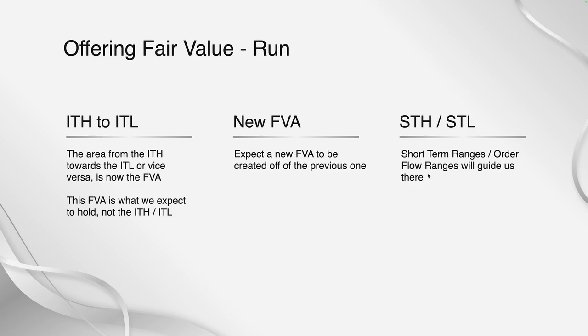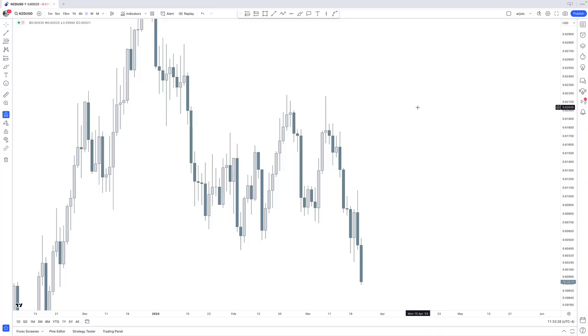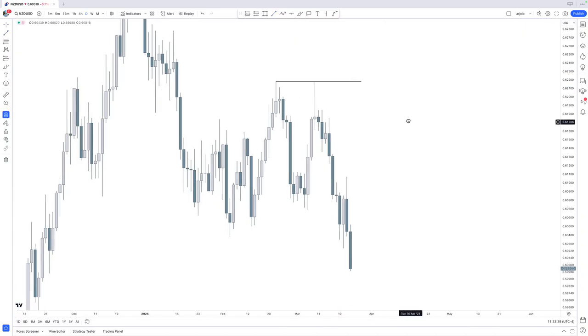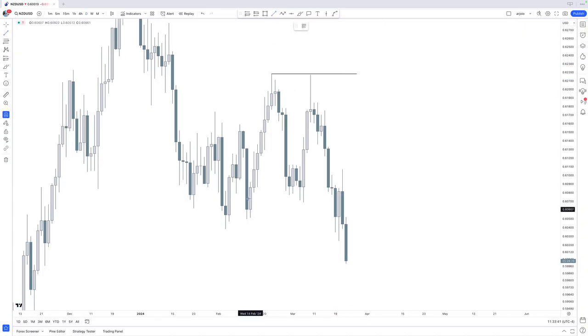So let's look at this example in the chart. All right, here we are on New Zealand dollar, US dollar, also on the daily time frame. There are quite a lot of things going on right here. But if we clear that up, with this intermediate high sitting right there and this intermediate low, once we reach this intermediate low, that was the actual target.